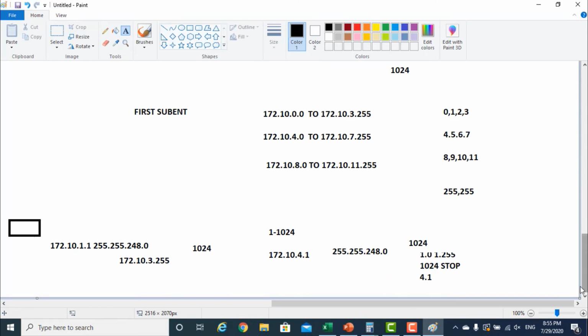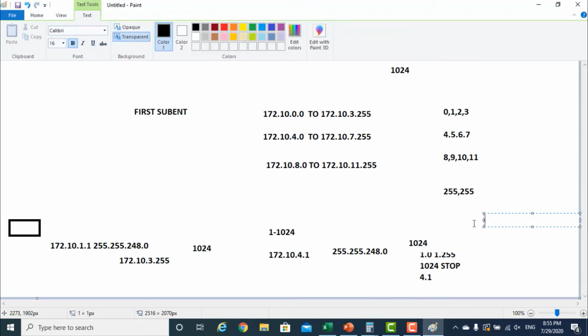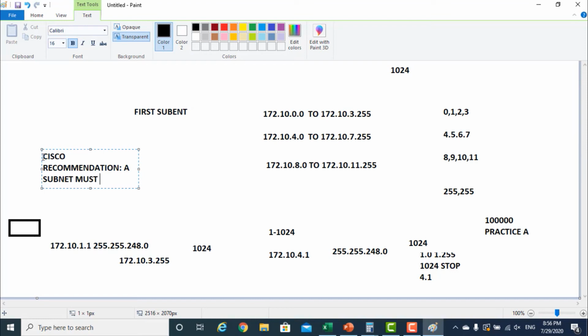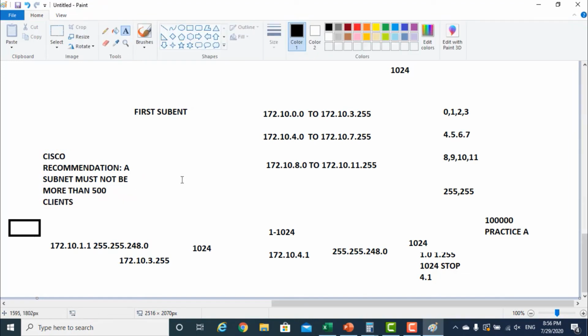You do your practice for yourself, guys. For example, I need a subnet of 1 lakh IP addresses, so practice the class A. But guys, there's a Cisco recommendation, it's a recommendation, not compulsory, that a subnet must not be more than 500 clients.